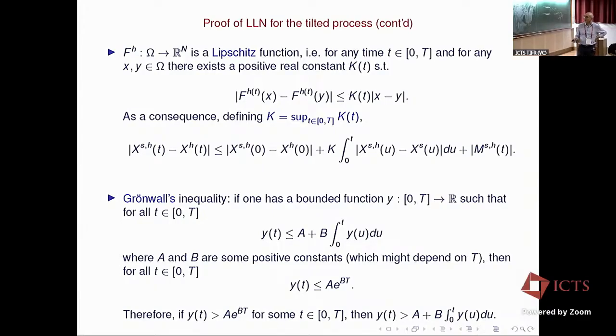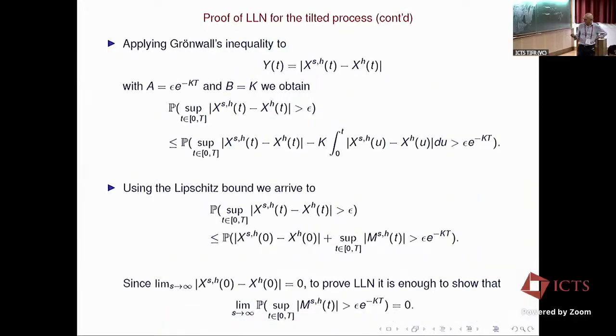And then you use the Gronwall inequality, which allows you to obtain from an integral inequality of this type an inequality for the final time t. So by employing this, you reduce your problem of quantifying the discrepancy between the process and the limit larger than epsilon to a problem for the martingale, because the initial condition, by assumption, will have a discrepancy 0, and the problem for the martingale can be treated with quadratic variation, showing that the quadratic variation goes to 0.